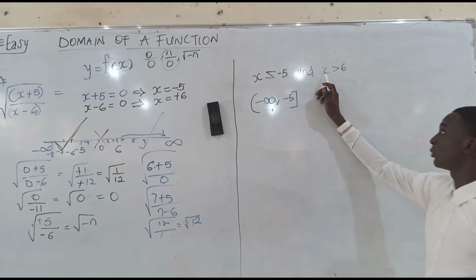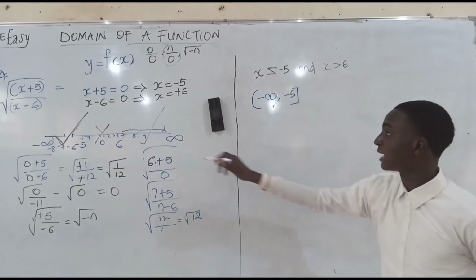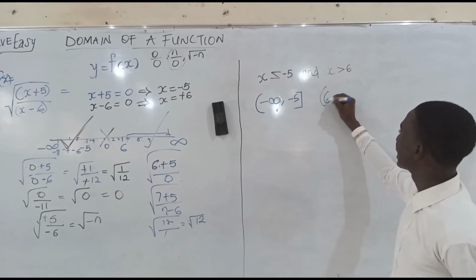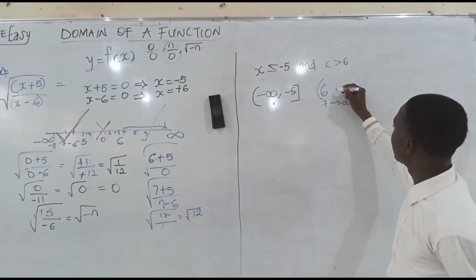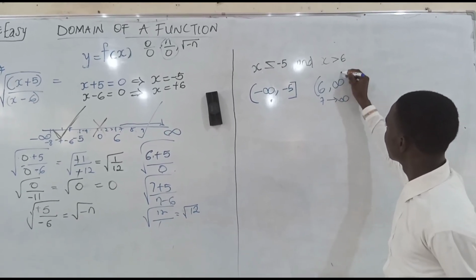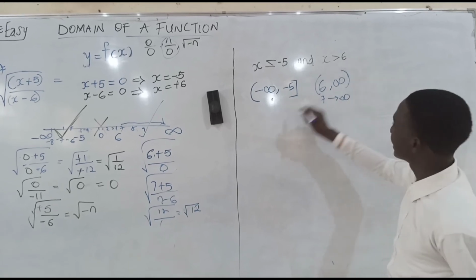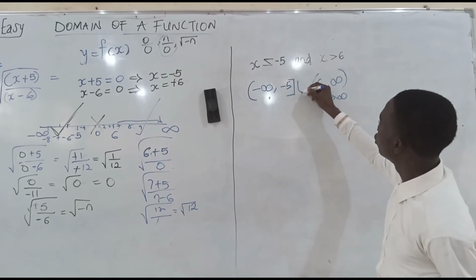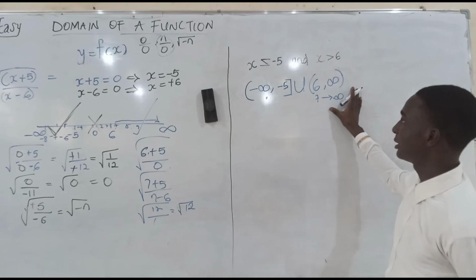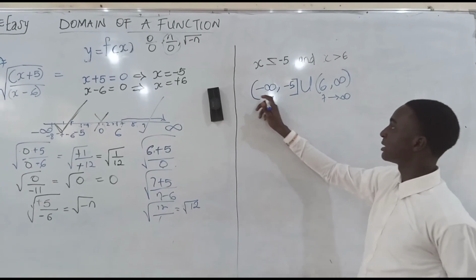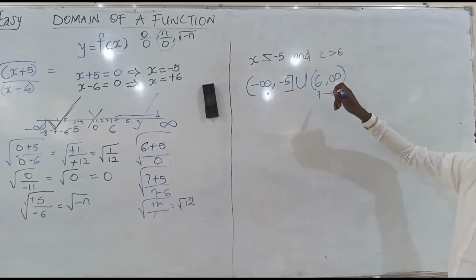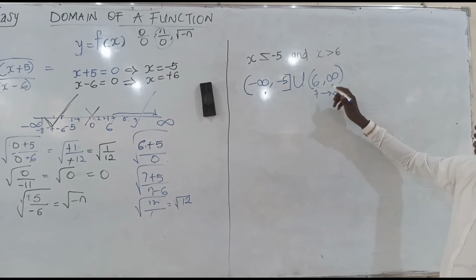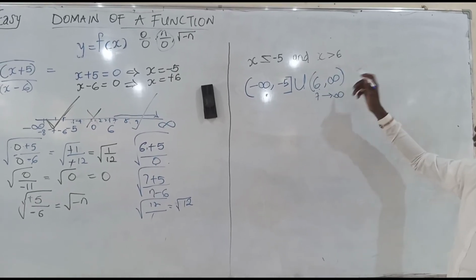So if you come to this other side, I'm having it start from 7 to positive infinity. So our final answer will be this union this. That is, from negative infinity to negative 5, union from 6 to positive infinity.